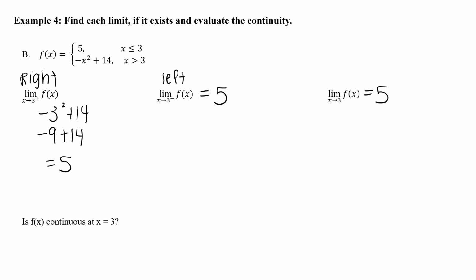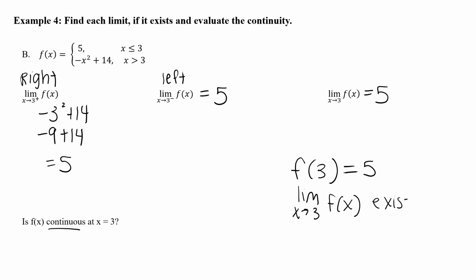Now we want to look if our function is continuous. Remember those 3 conditions from the beginning. The first is that at x equals 3, our function has to be defined. So f of 3 is defined. If we look at our piecewise function, when x equals 3, our function will equal 5. We also want to check that the limit as x approaches 3 of this function exists, and in this case it equals 5, so it does exist.